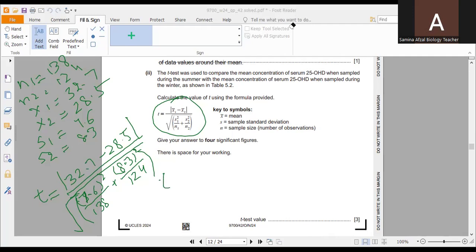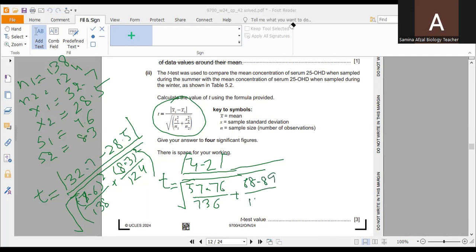So again, T is equal to 4.2 divided by under root 57.76 divided by 136 plus 68.89 divided by 124. This is 136. Let me correct it. You know, during writing, it can happen.